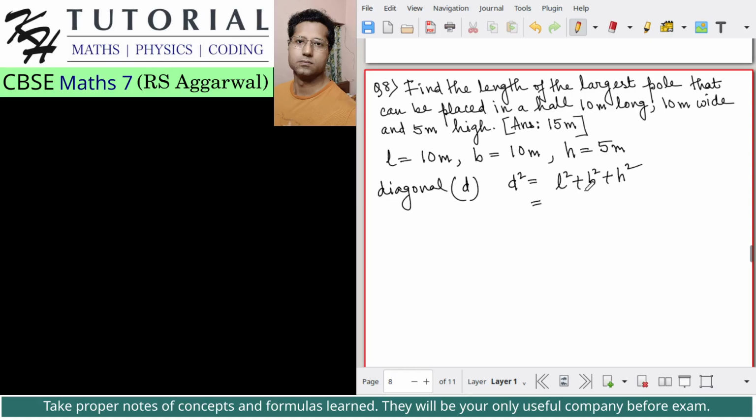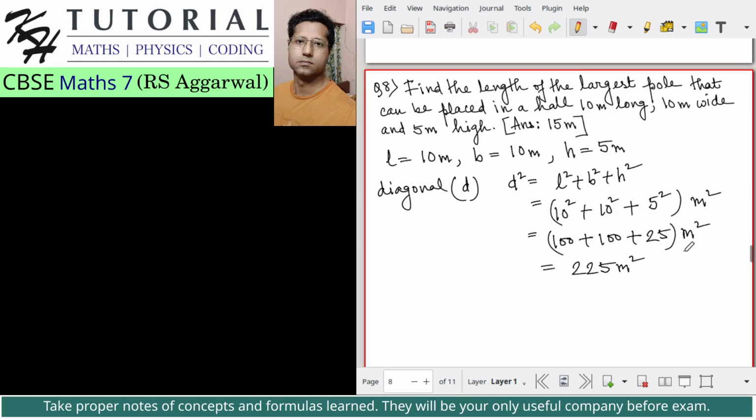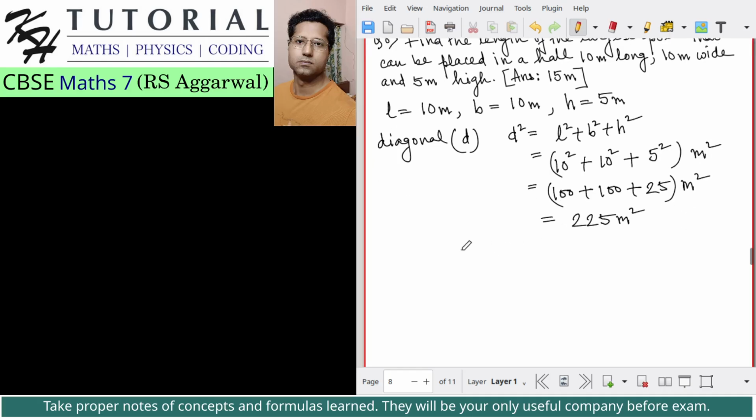So this is equal to 10 square, plus 10 square, plus 5 square meter square. This is equal to 100 plus 100 plus 25 meter square, which is 225 meter square. So D square is equal to 225 meter square.